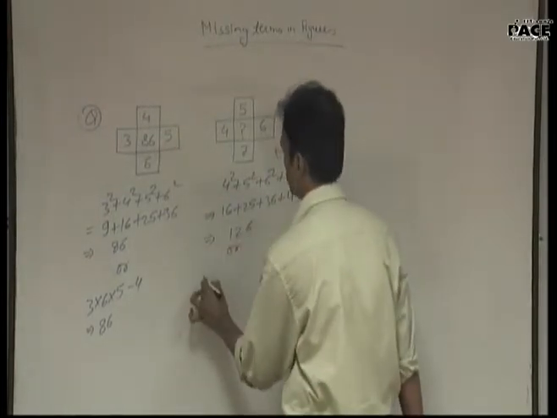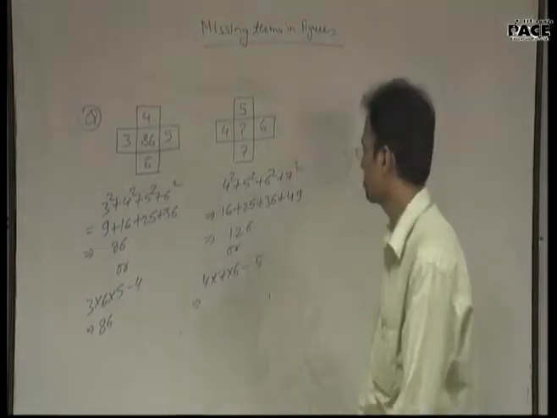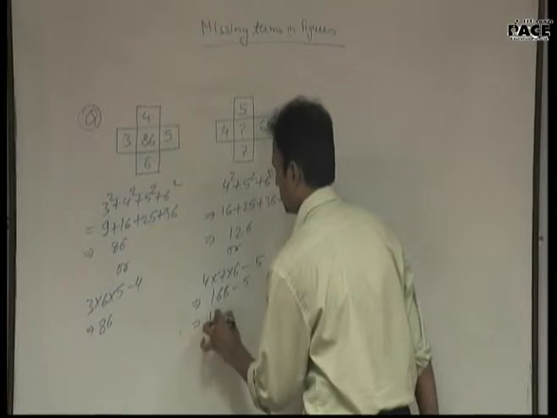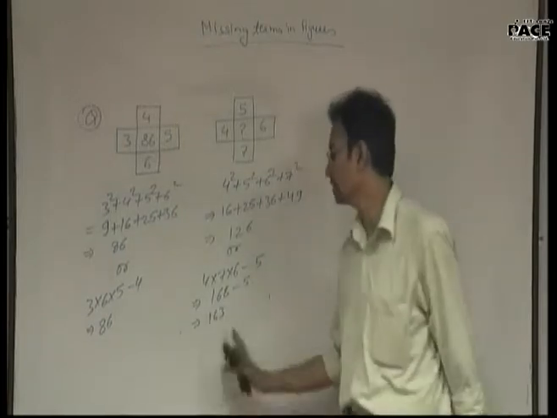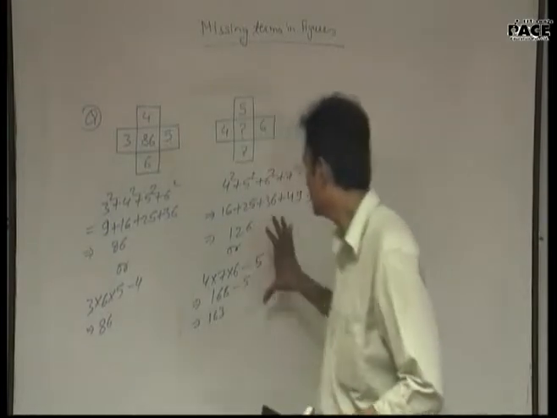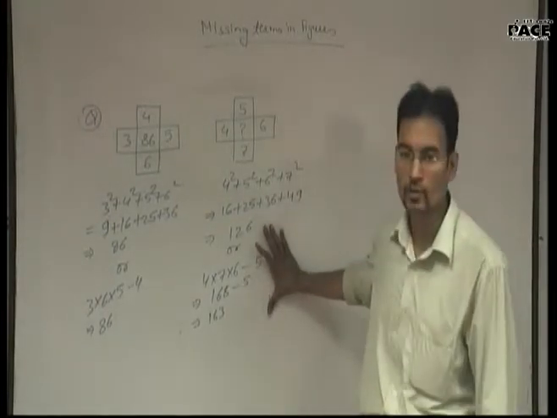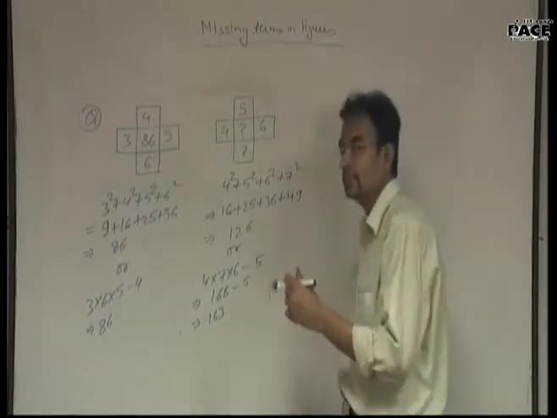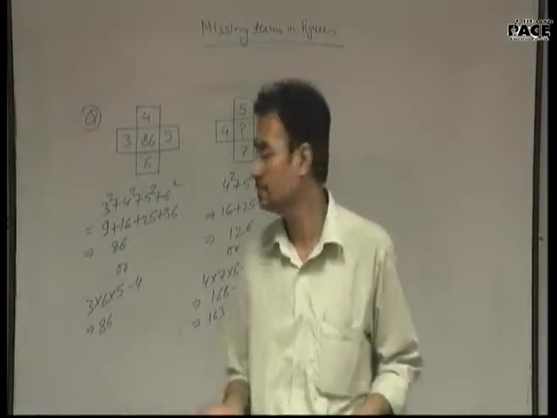Similarly, here also 168 minus 5, 163. So the answer is the same in one place, but the final answer is different here. So whichever answer is there in the options will be the final answer.